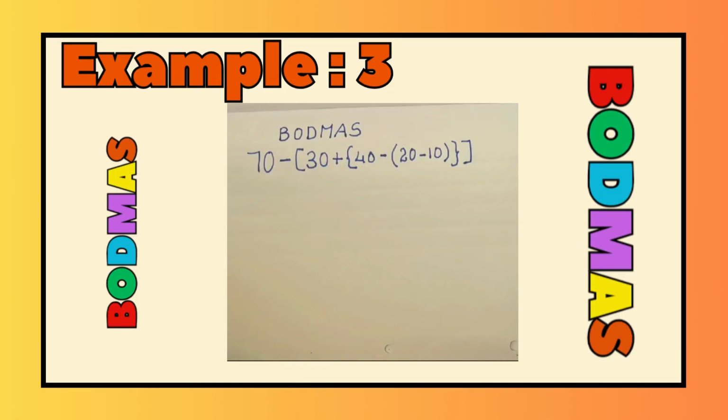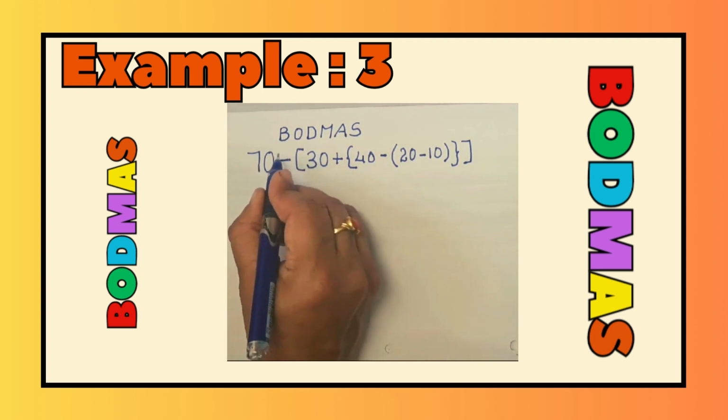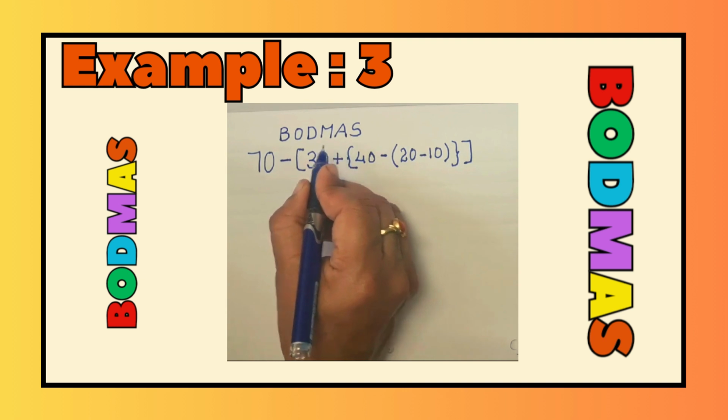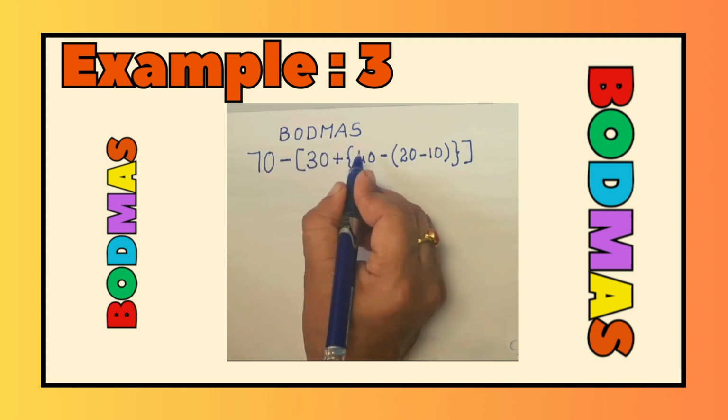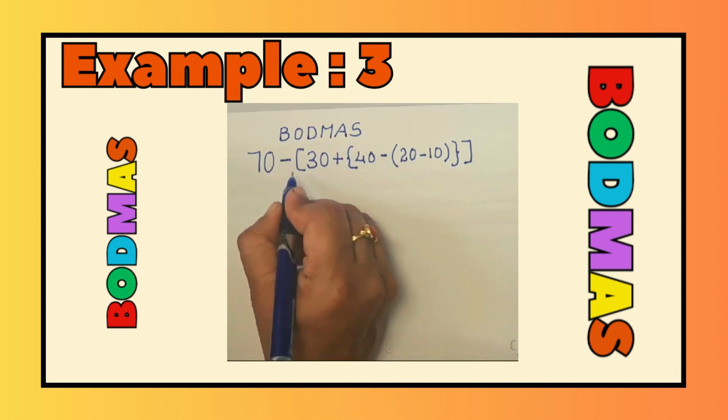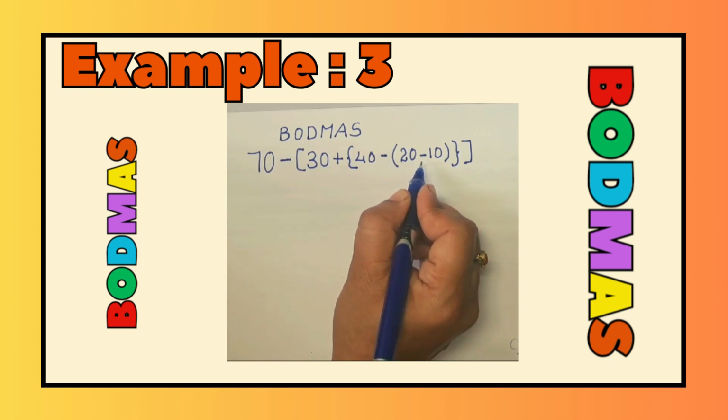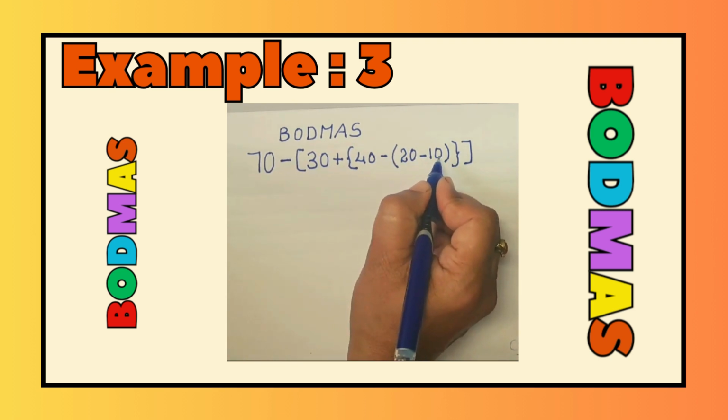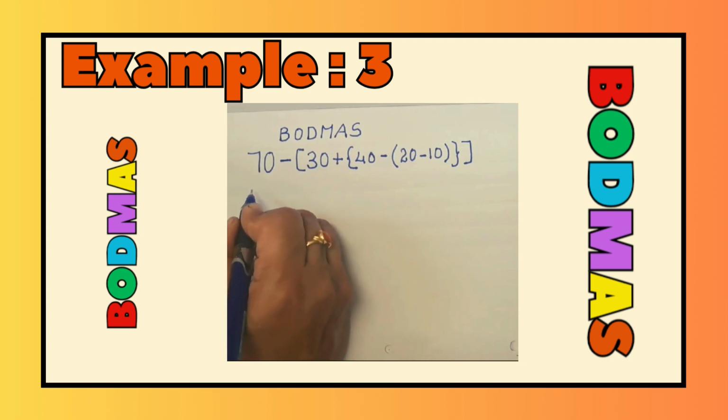Let's look at this example. As per BODMAS rule, first we have to solve the brackets. So I have taken this example because it has multiple brackets. So first we have to solve the innermost brackets. Okay.